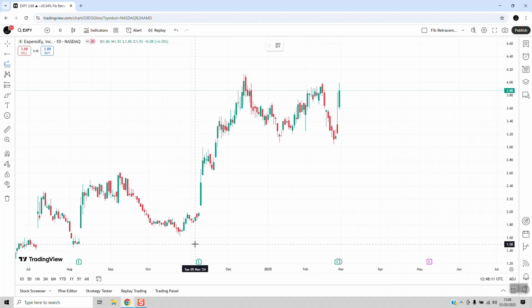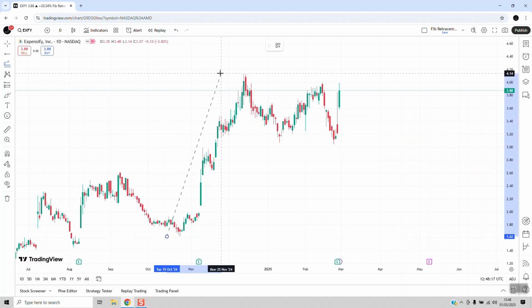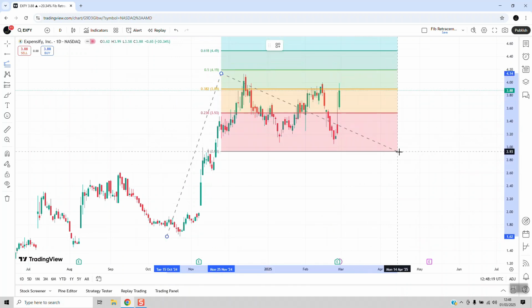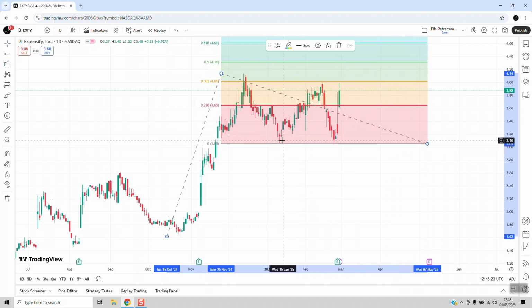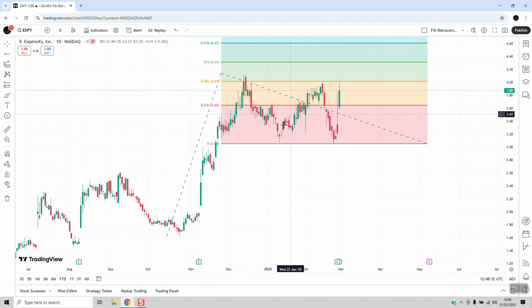So coming back to the Fibonacci extension tool, if we do something similar to before, going from this low up to this high, and this time pulling it down to where this retracement has ended around here, we get something like this. And the way this works is these levels of the Fibonacci extension tool act as resistance for the price.